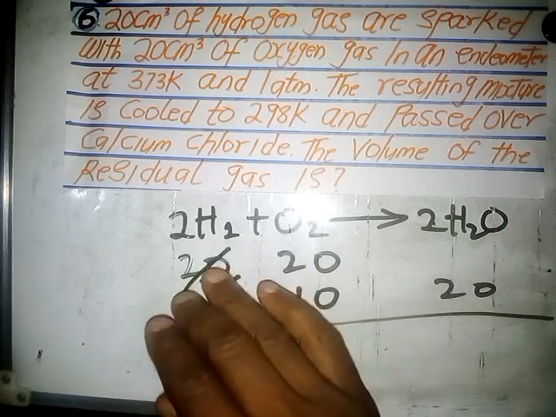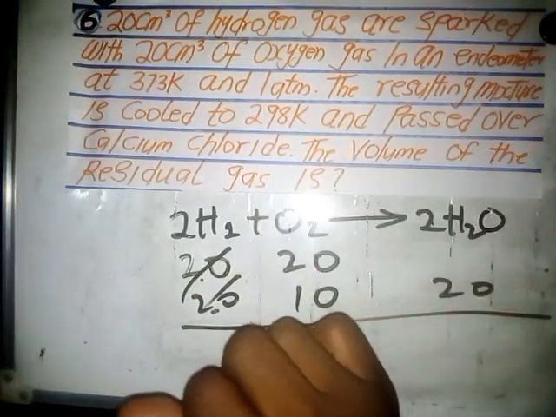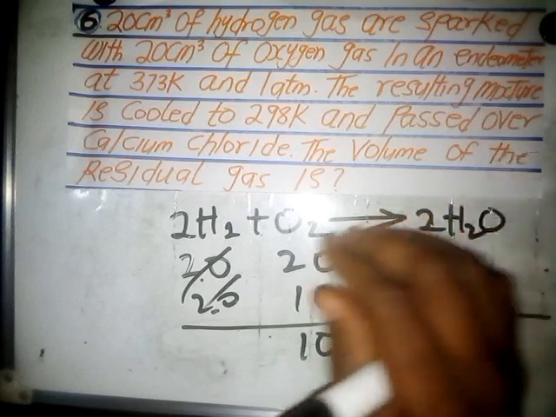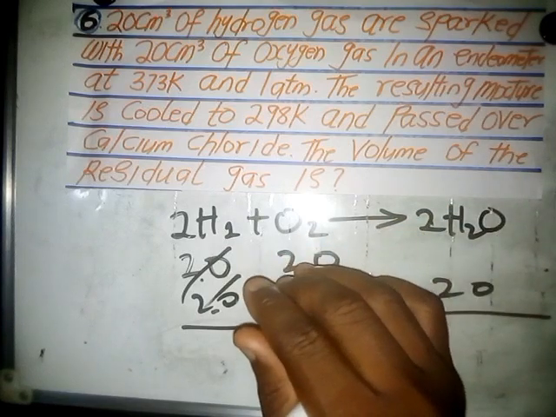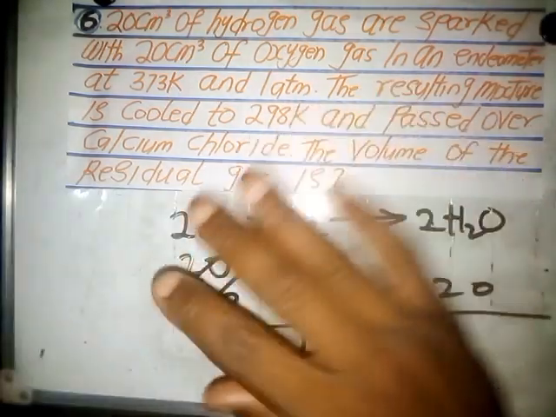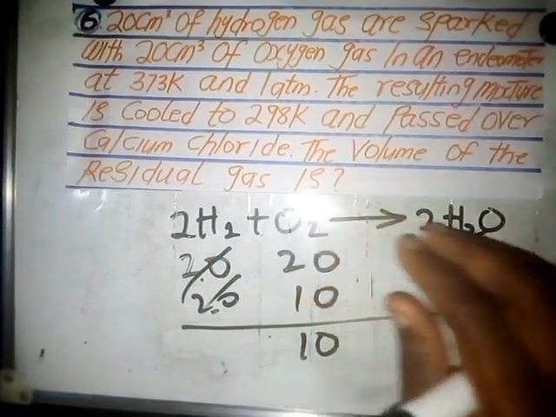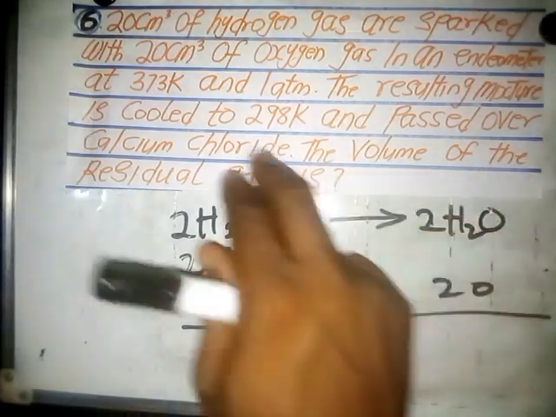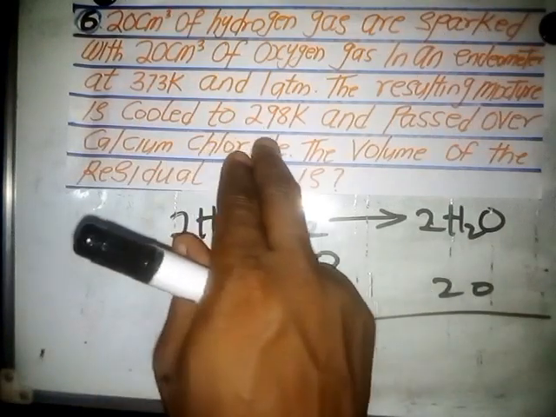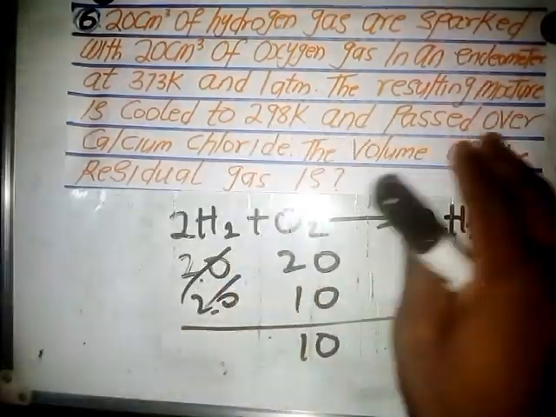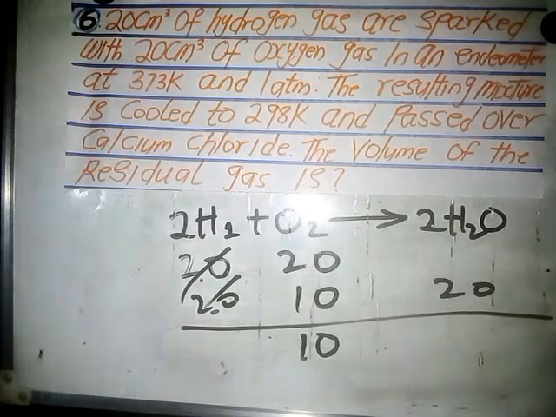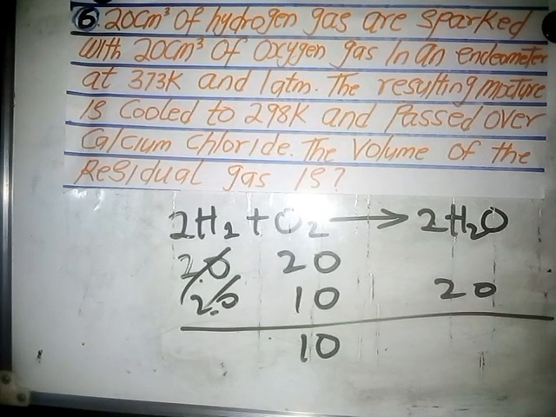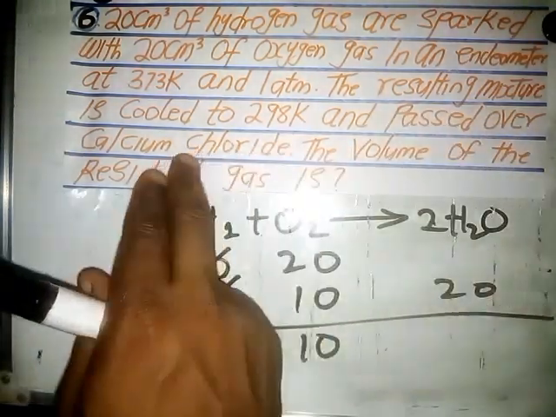That is, they are saying in this gas, after it has reacted, then the gas was cooled. When you cool the gas, what will be left will be liquid. You understand? When the resulting mixture is cooled at this temperature, what will be left will be liquid.